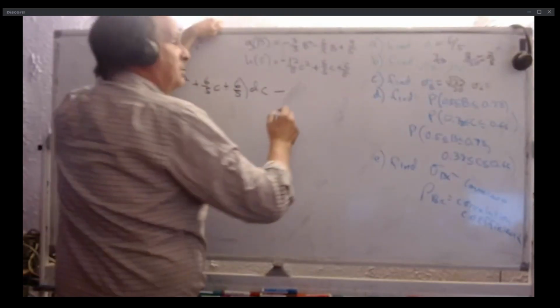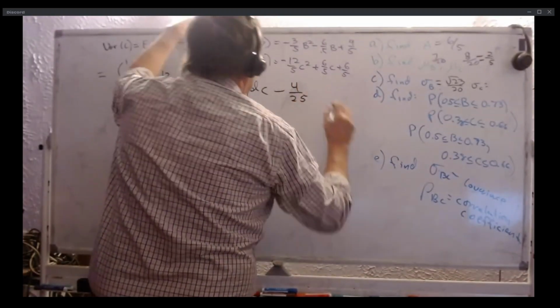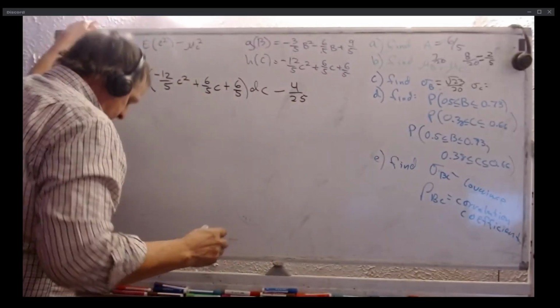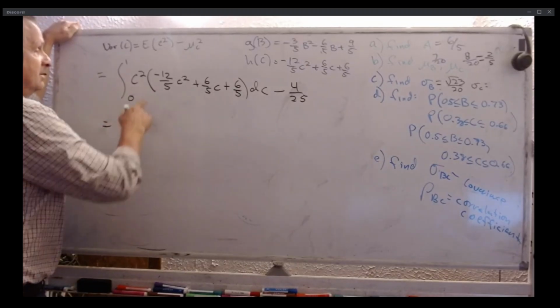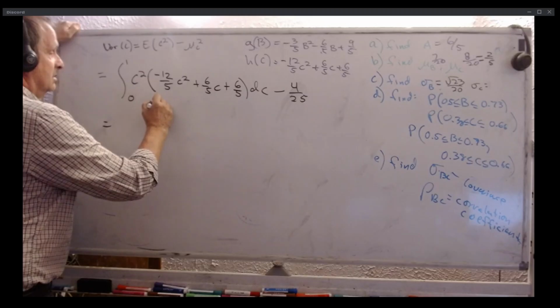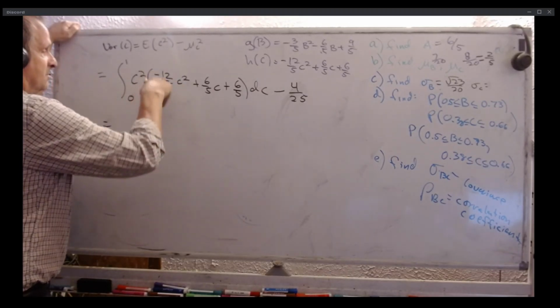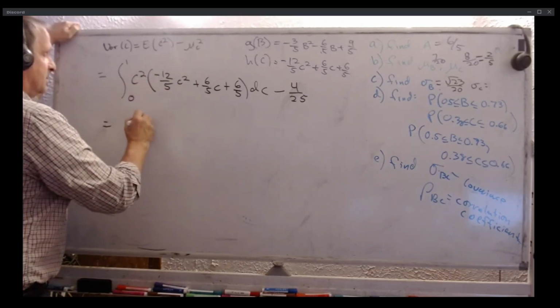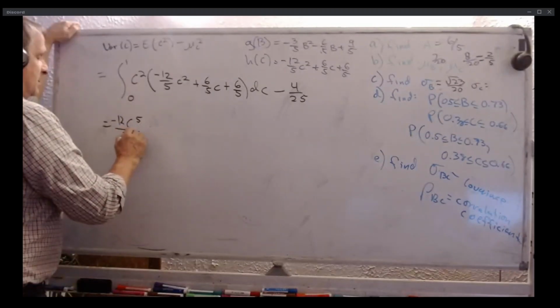So 2/5 squared is 4 out of 25. Okay. So let's go ahead and roll this bad boy and see what we get. We integrate this. Don't we get c to the 4th times 12 over 5? So that's going to be c to the 5th. Constant's going to be 12 over 25, right?